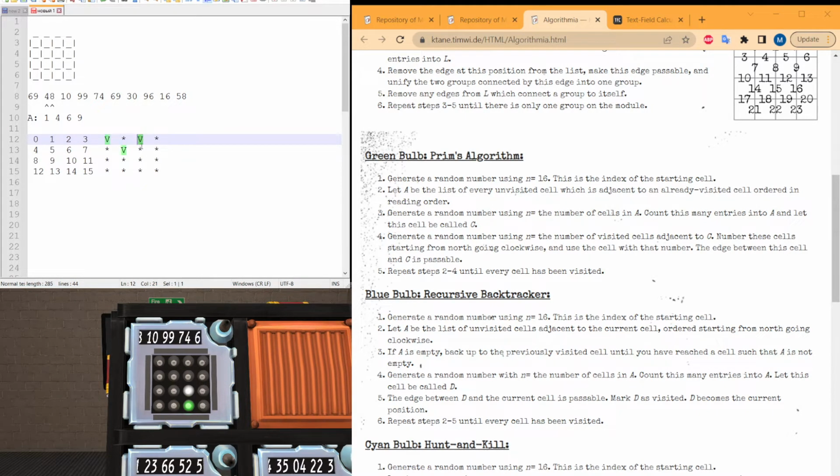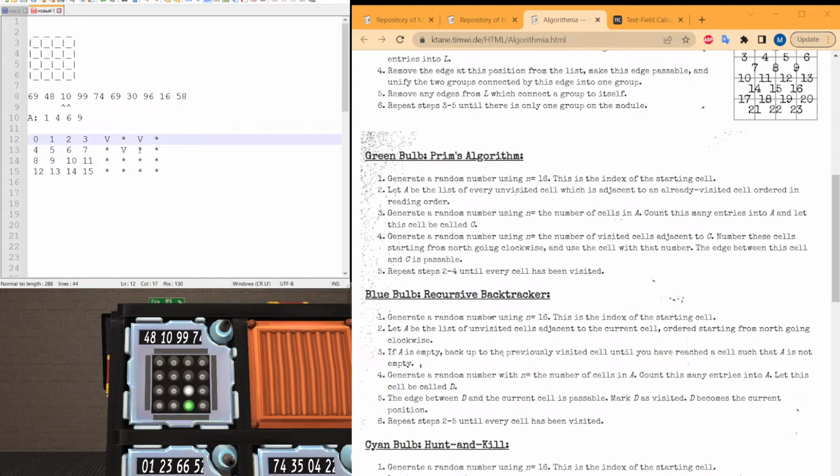So this would be 0th, 1st, 2nd. Then we would generate a new random number. So 10 modulo 3 would be 1, so 0, 1. So that means we would then make the wall between these two cells possible.